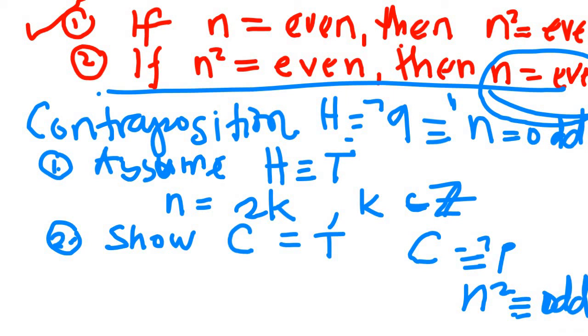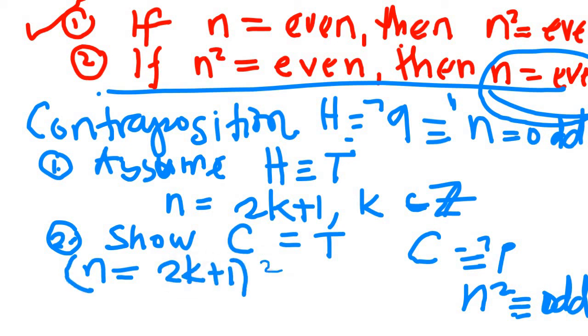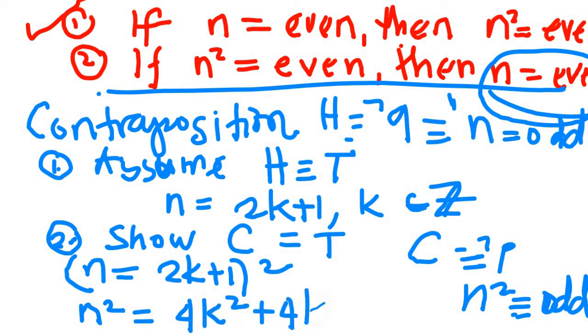First one is odd, so 2k plus 1. So we could try to square the first assumption. So n is equal to twice k plus 1, squared, and you have n squared is equal to 4k squared plus 4k plus 1.